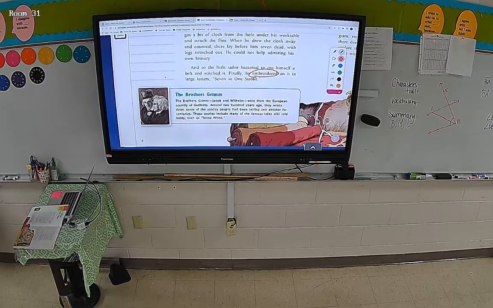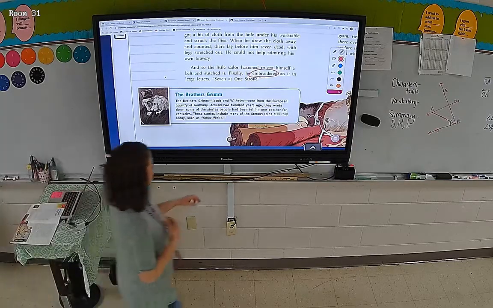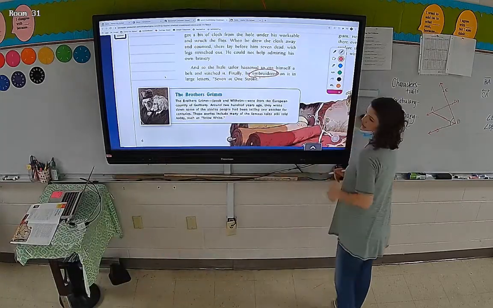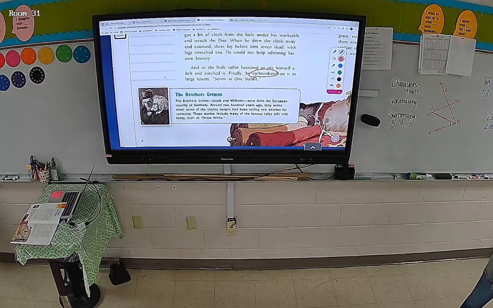All right, let's talk about this. Okay, everybody needs to be looking at paragraph 2. You cannot figure out what a word means without going back to the text. You have to be on that page, that paragraph, reading the context clues around it.